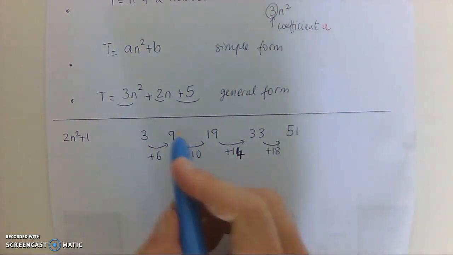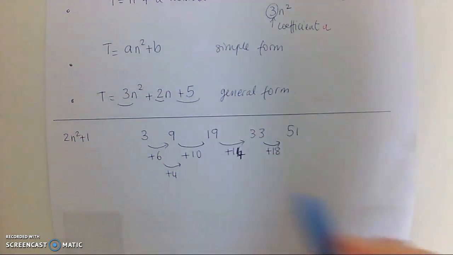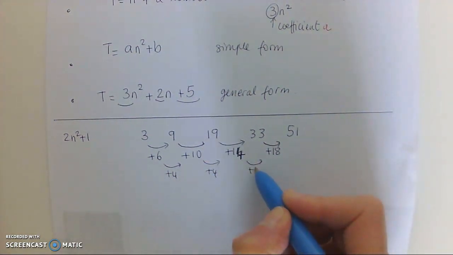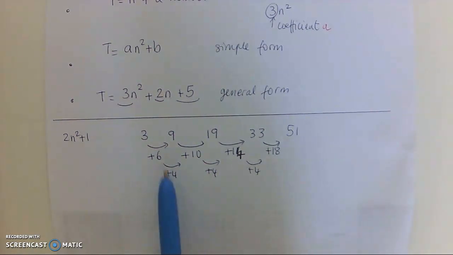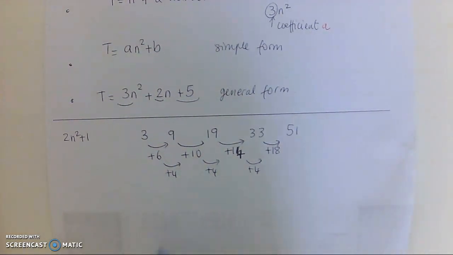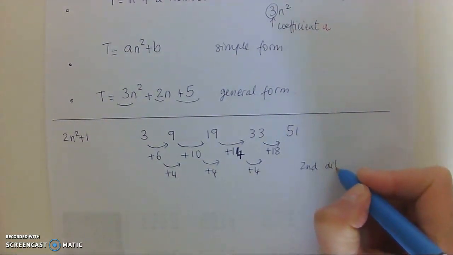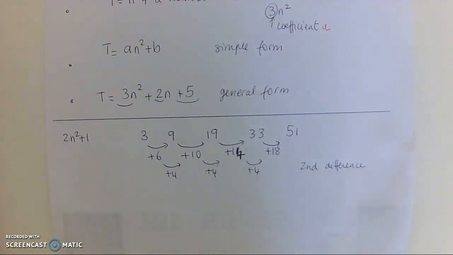Now again, what we're noticing is if I'm looking from the 6 to the 10, I'm finding I'm going up by 4, and here by 4 again, and here by 4 again. So the same pattern seems to be happening. When I look at the difference of the difference, then I get always the same number, and that is called the second difference. It's the difference of the difference.